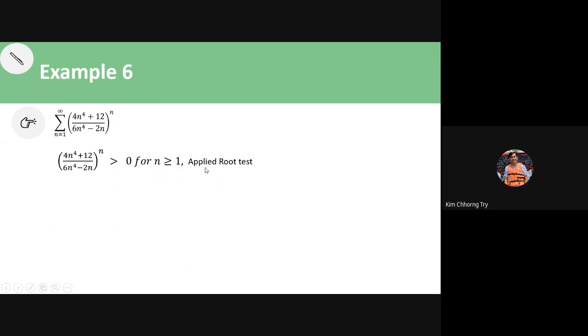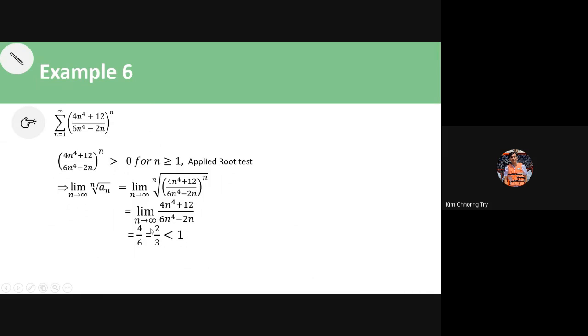We find the limit by substituting a sub n and calculating, and we find the answer of the limit, which is 4/6, equal to 2/3. 2/3 is less than 1, so the series converges.